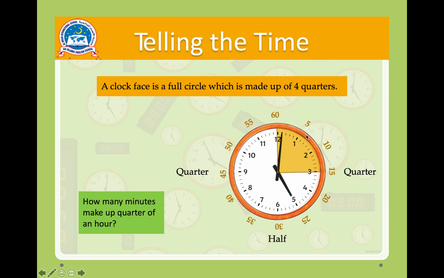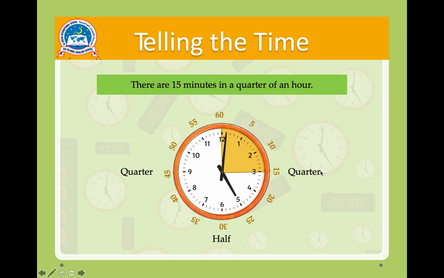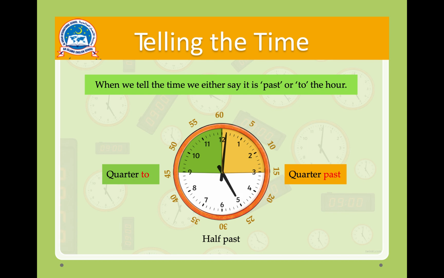Now, if we remember how we count in 5s to get 60 minutes on each number. So by number 1 it's 5 minutes, number 2 is 10 minutes, so number 3 is 15 minutes. So by the time the minute hand reaches the 3, it is a quarter. So there are 15 minutes in a quarter of an hour.